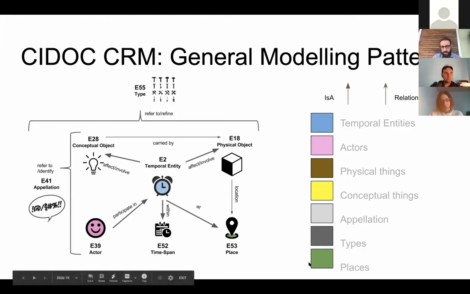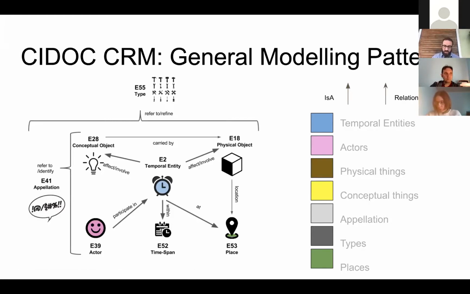And then I'll come back to appellations and types. We have places, and places are just geometric descriptions, either on the earth or on an object, of where something can occur. And finally, we have some classes that come back all the time: appellation, which is a subtype of concept, and type, which is also a subtype of concept.